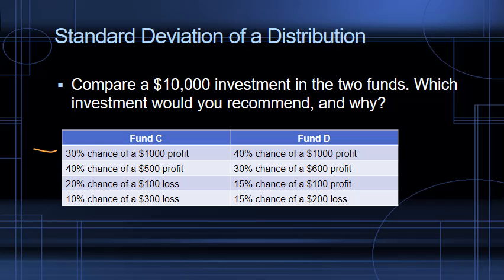And then we're going to look at Fund D, with the same $10,000 investment: a 40% chance of a $1,000 profit, a 30% chance of a $600 profit, a 15% chance of a $100 profit, and a 15% chance of a $200 loss.